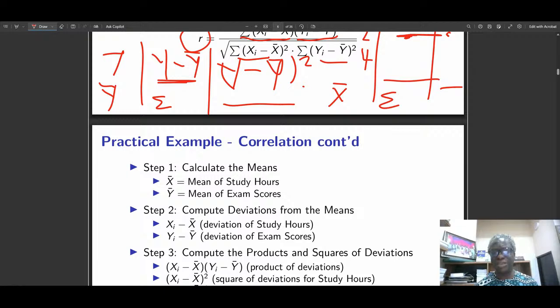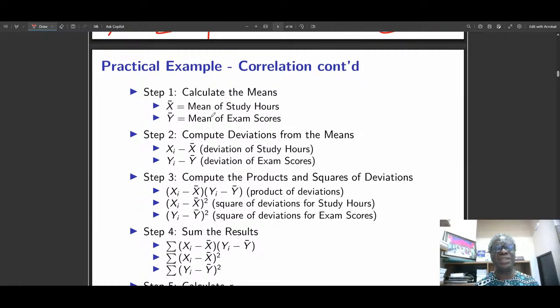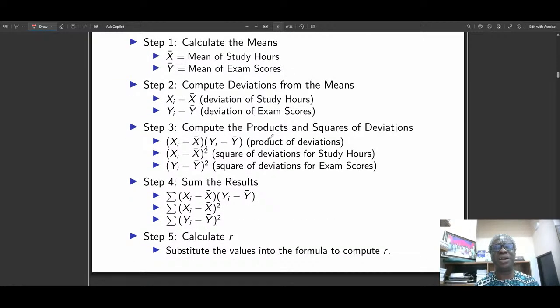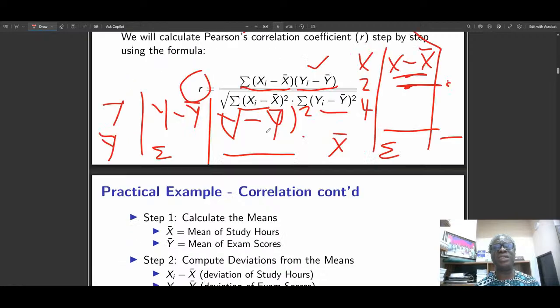Then of course you get the product and the squares of deviations. I've shown you how to do that. The product of the deviations is the numerator.